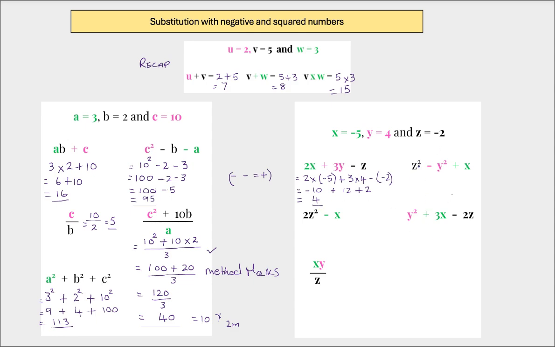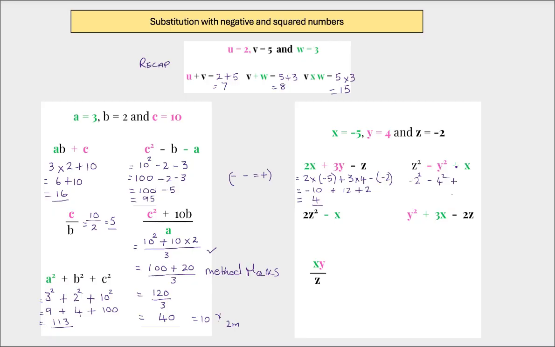Let's try this one. z squared, that's a -2. Remember that you can't have a negative power. Minus 4 squared plus x, which is a -5 with the bracket there. So -2 squared is going to be a positive, which is going to be a 4.